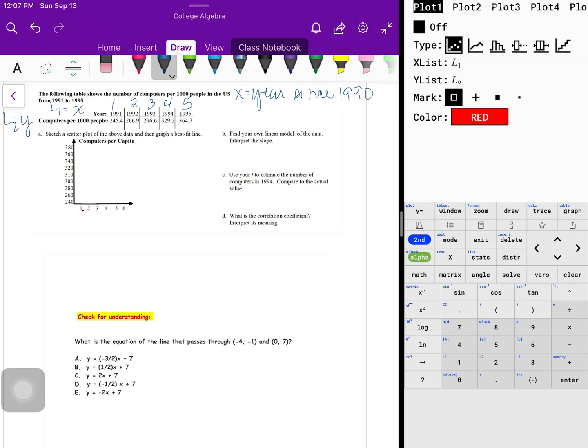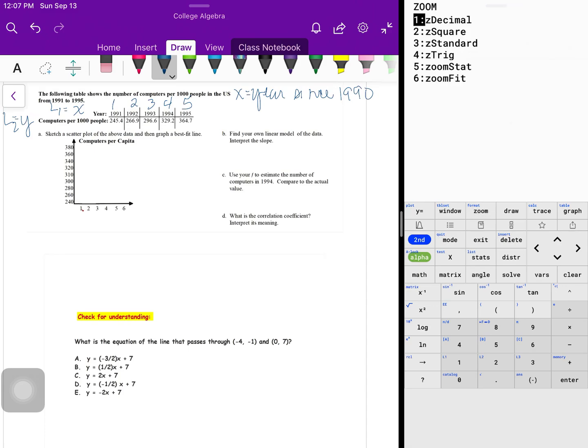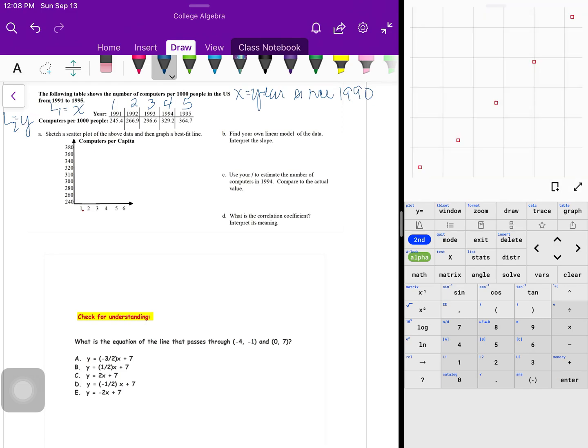Then we still don't see our plot, so we're going to choose zoom. And we want to zoom stat, because that's where we entered the information. So zoom stat, enter. And we see our plot. So I'm going to plot that in here.